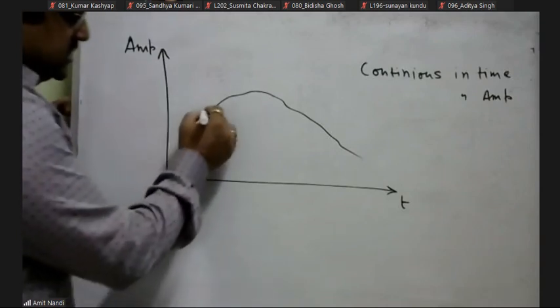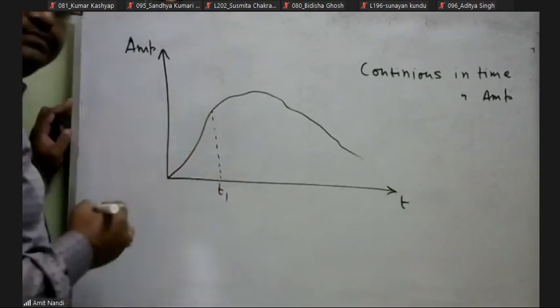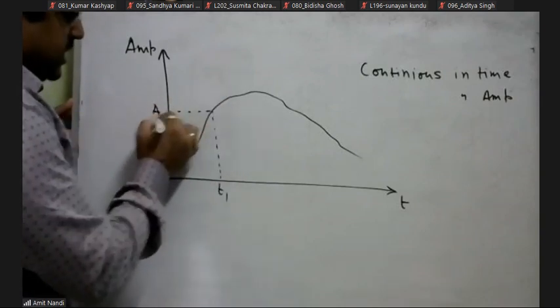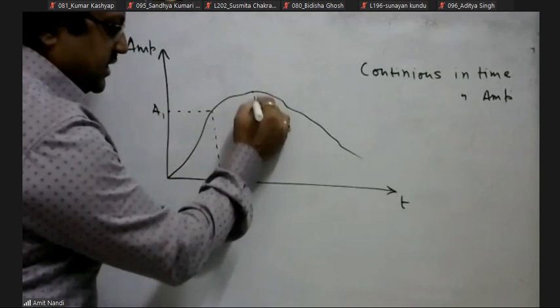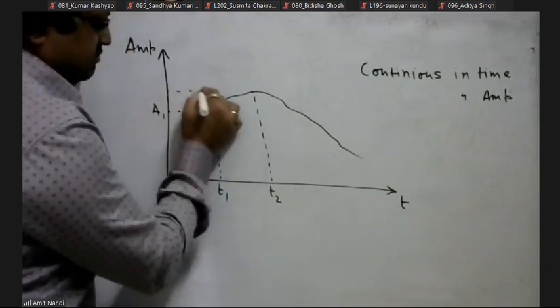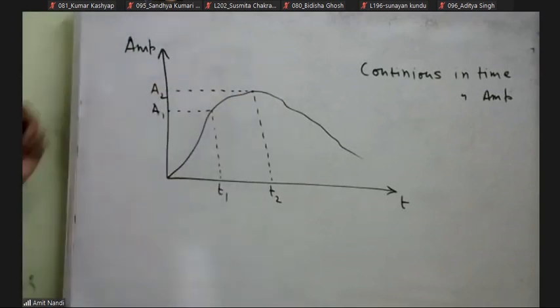Say if we consider at instant t1, if we take some value, we get some corresponding amplitude. Say this is A1. And let's say A2.